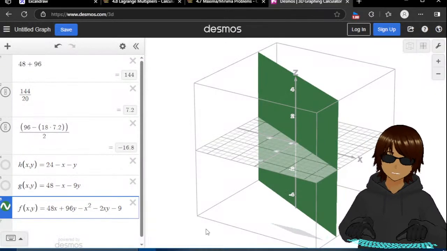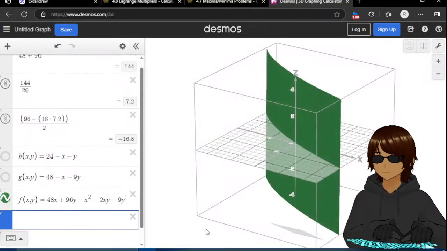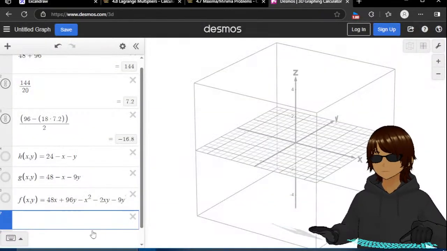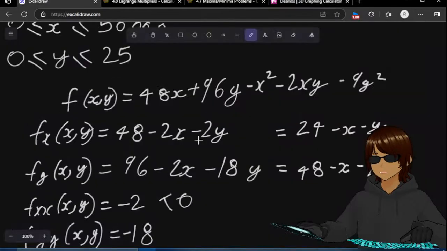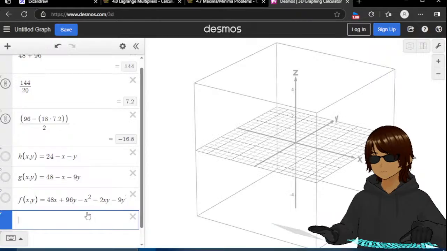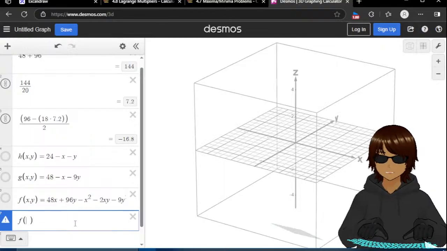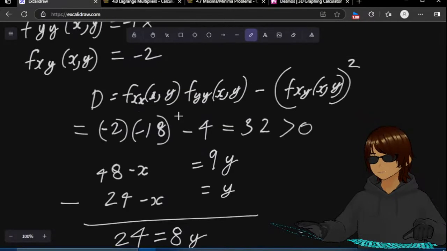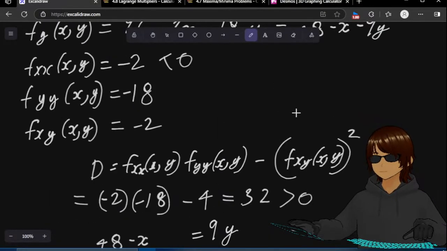Minus 9y square. Now we need to check it out. Wait, actually, let's check these two. And this is the partial derivative with respect to x, right?